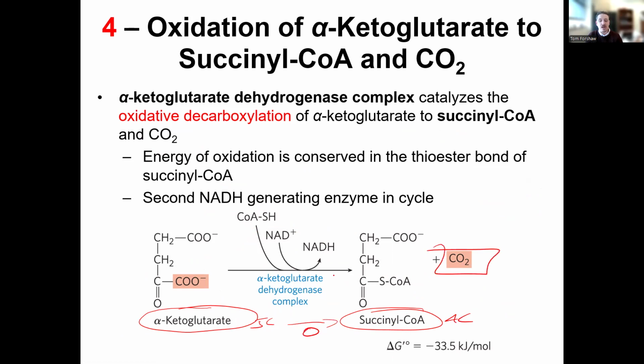And of course, with the decarboxylation you get the loss of CO2, which is why you go from 5-carbon to 4-carbon. But the oxidation is coupled to a reduction of NAD to NADH, and energy is conserved in the reaction of the thiol of coenzyme A with the carbonyl carbon of what was alpha ketoglutarate, to generate the succinyl CoA thioester.